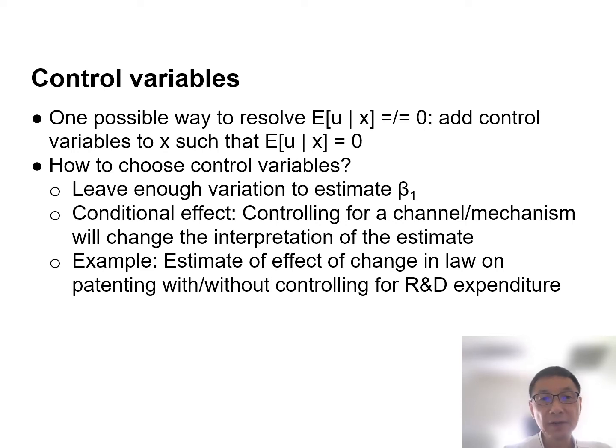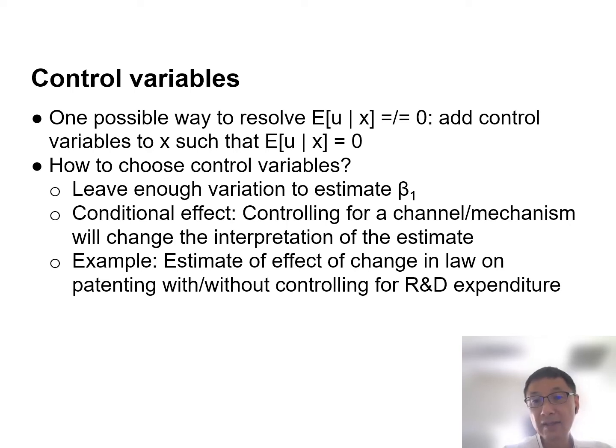For instance, if we're thinking of the effect of the change in law, such as patent law, on patenting, we could estimate this two ways. One with control for R&D expenditure, and the other without control for R&D expenditure. Then the coefficient of the law would have two different interpretations.